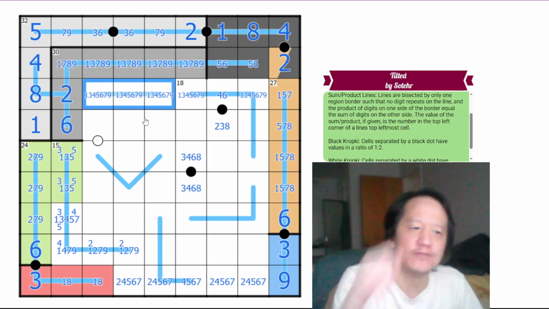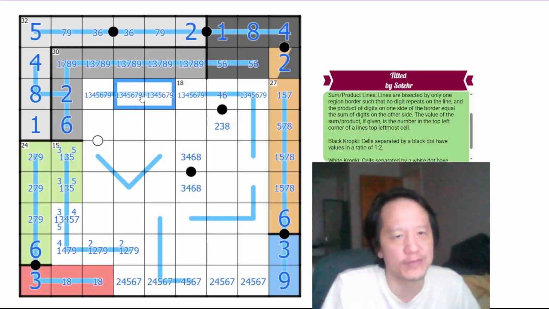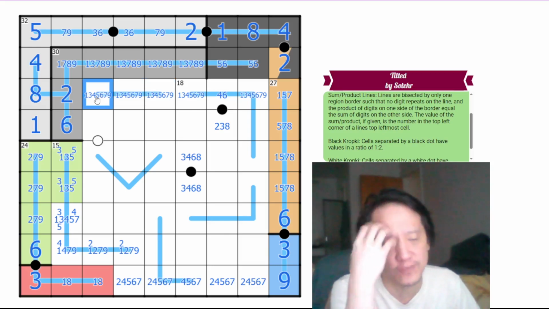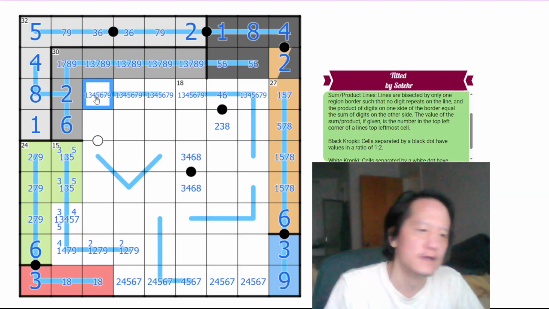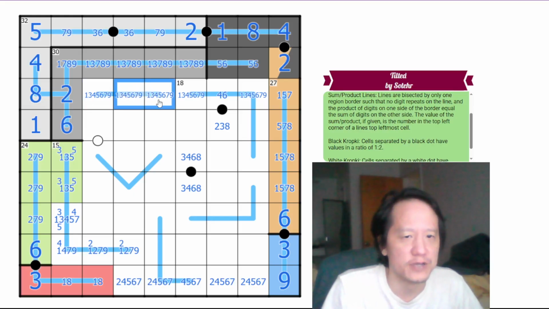So you could have essentially the sum on one side, 1, 3, and then 4 on the other side. And that's a product by itself, 4. I don't think you can ever multiply together. Yeah. If you have 1 multiplied with another digit, it'll be the same digit. Okay, so this could still be pretty broad here.